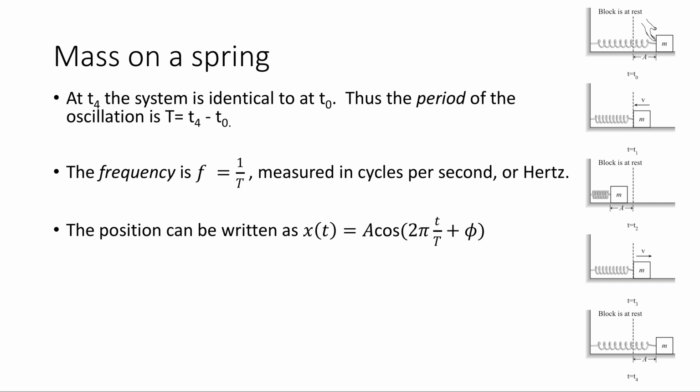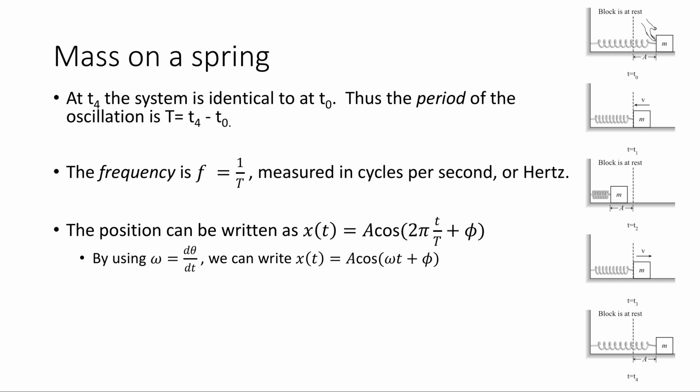So the phase shift we need to keep in there just to keep track of where in the cycle this system has started. We can simplify this a little bit by recalling the definition of angular frequency from the rotation unit. Remember, we defined omega as d theta divided by dt, the change in theta per unit time.